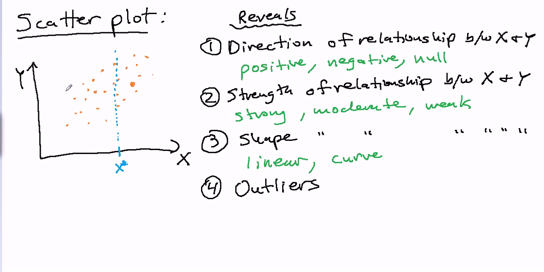I don't want to draw them, but you can see the phantom lines I'm drawing. So what I'm trying to show here is that the value of y is not determined solely by the value of x, but by various other factors as well that maybe we're not considering.